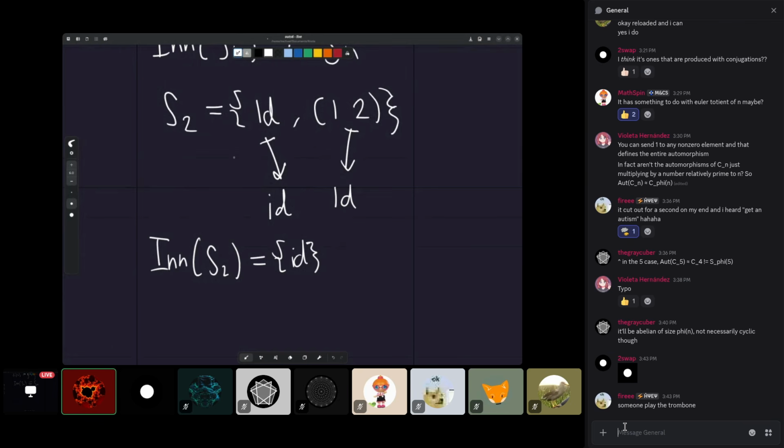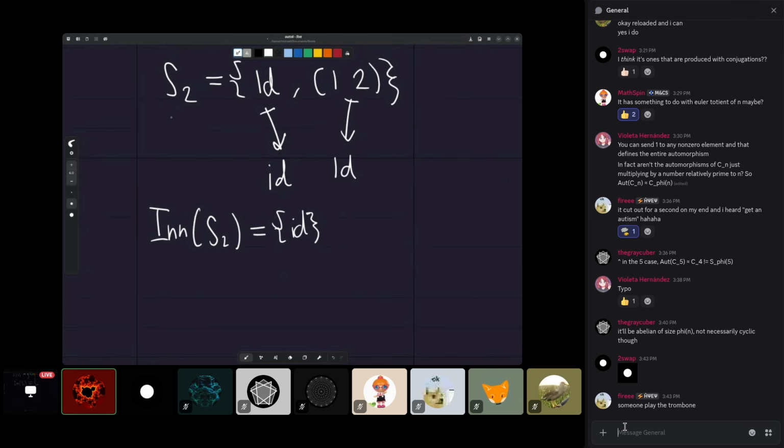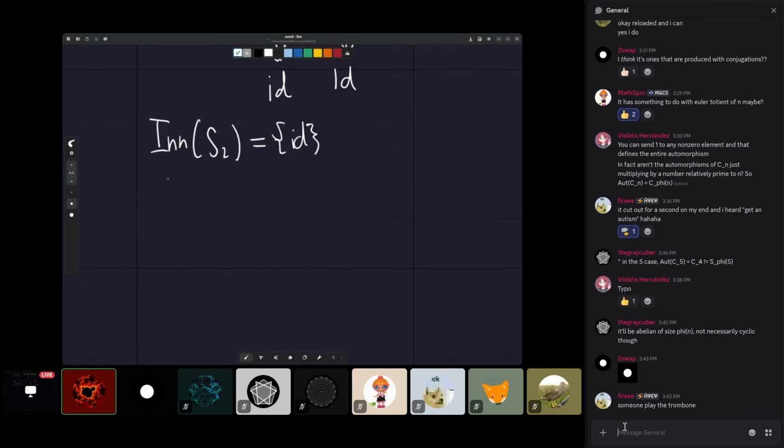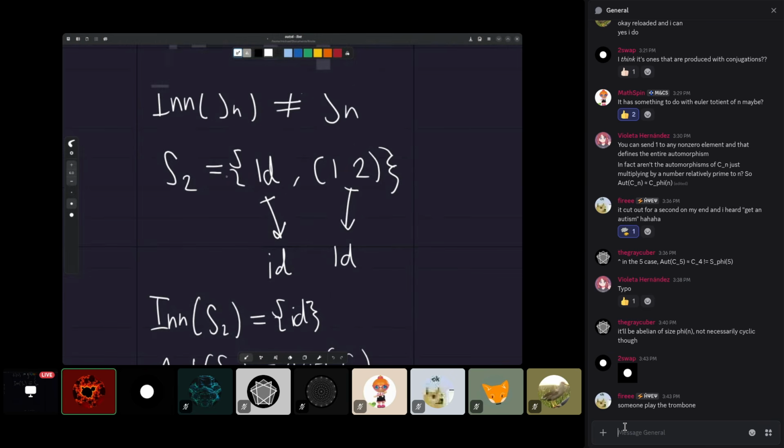So I guess what I said earlier, S2 is not going to have any non-trivial automorphisms, and I guess you can see that as well, because the automorphism group of S2 is the same as the automorphism group of C2, which we've just done already, which has size 1. So that's a nice link back to cyclic groups. But for S2 it goes wrong.